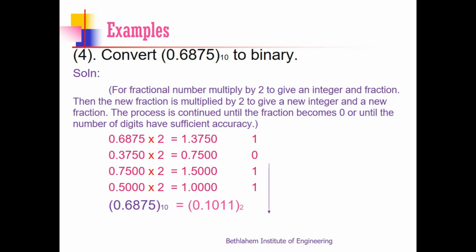In that you have to write the integer part behind it and the fractional part in the next step. And again you have to multiply by 2 and continue the process till you get 0 in the fractional part. If you won't get 0 till 8 or 9 iterations, we can stop with the 8 or 9 iterations. Then you have to write the answer from top to bottom and we'll get like this.